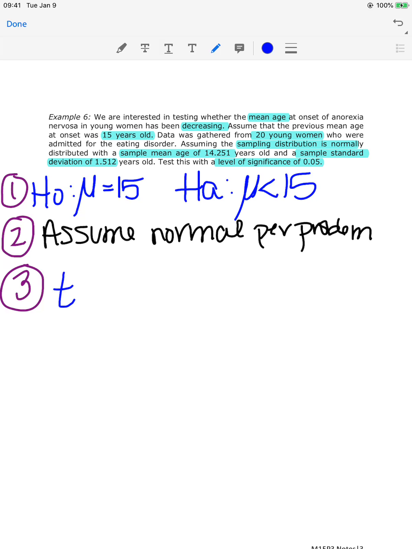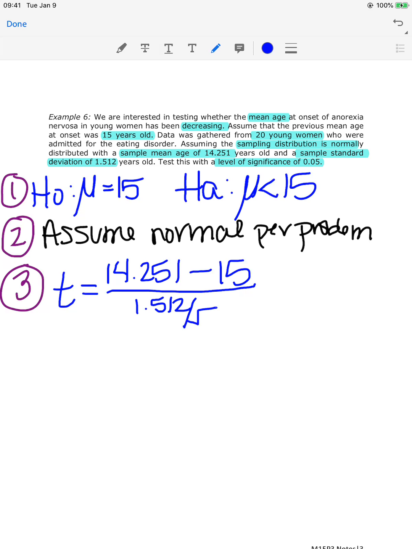T equals the sample mean, 14.251, minus the population mean, so what the value is for mu in the null hypothesis, divided by the sample standard deviation over the square root of the sample size, which is 20.